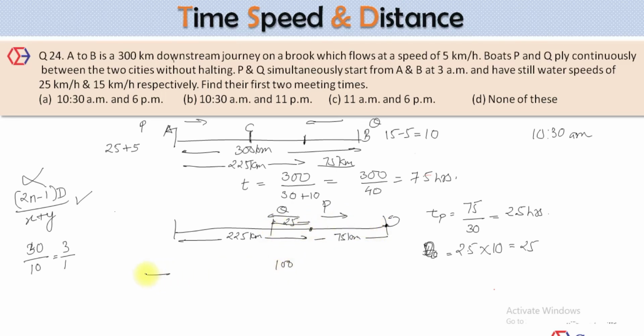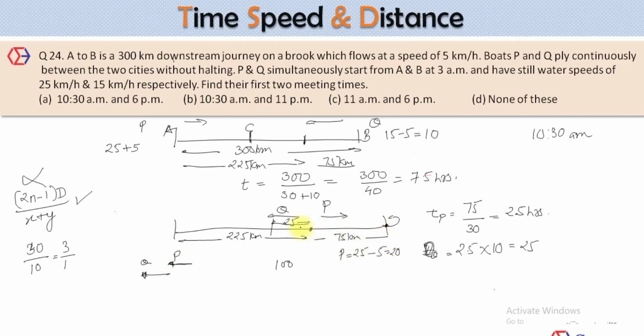So I can say that now it's a case of what? Same direction. P is going to chase Q, but the speed of P will become what? Upstream speed. Now the effective speed of P will become how much? 25 minus 5, that is 20. Why?